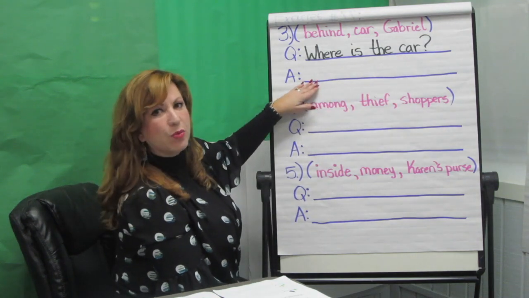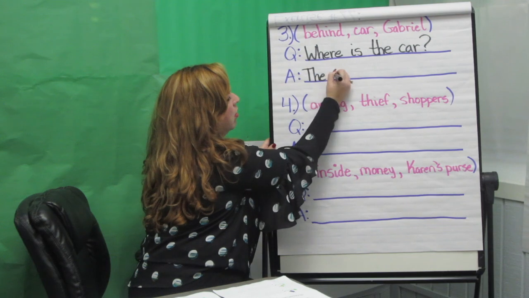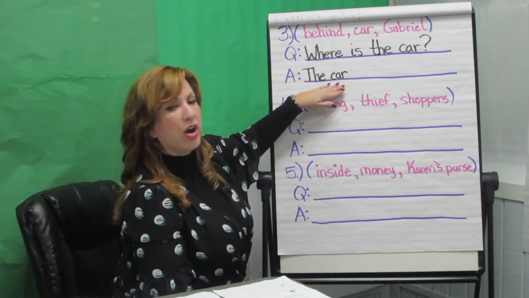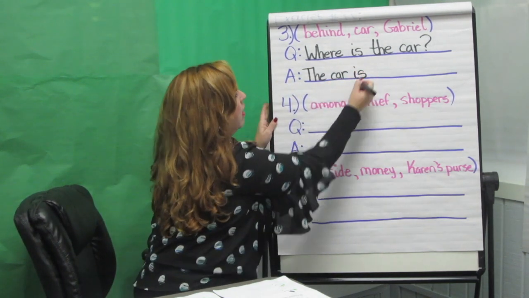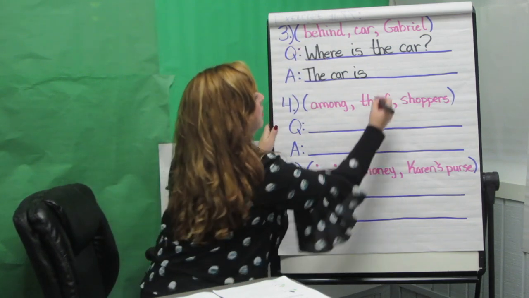For the answer, we begin with the noun. The car. And remember, we're informing where the car is. The car is, and our preposition is behind.